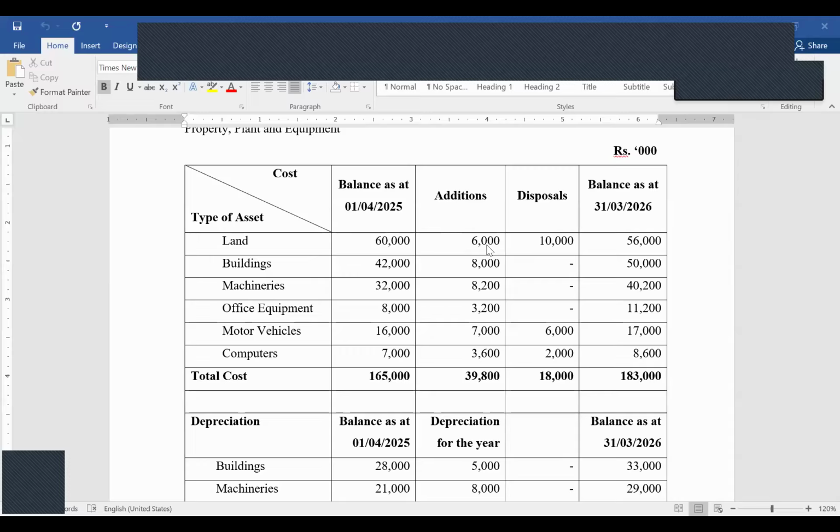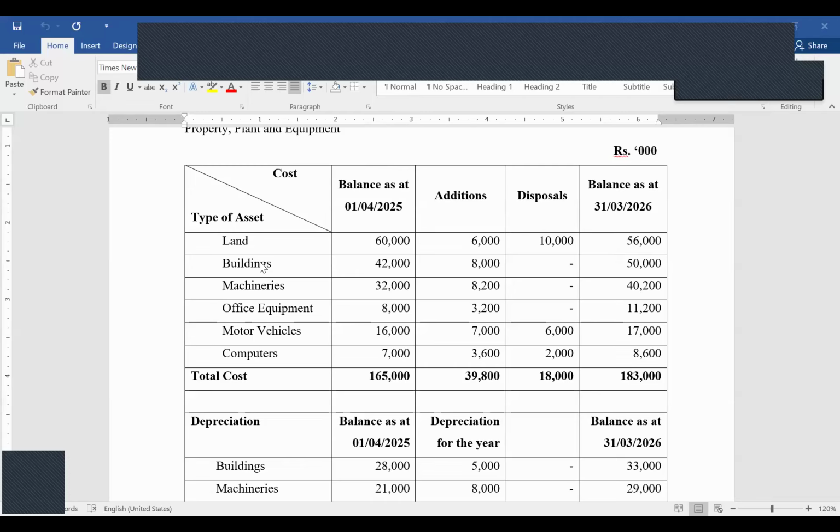The cost of that land is 6 million. And this person sold one of his lands. The cost of that sold land is 10 million. So this is the balance as at 31st March 26. So you are going to calculate the capital allowances applicable for the 25-26 year of assessment. And if there is an assessable charge or a balancing allowance, you have to calculate it.